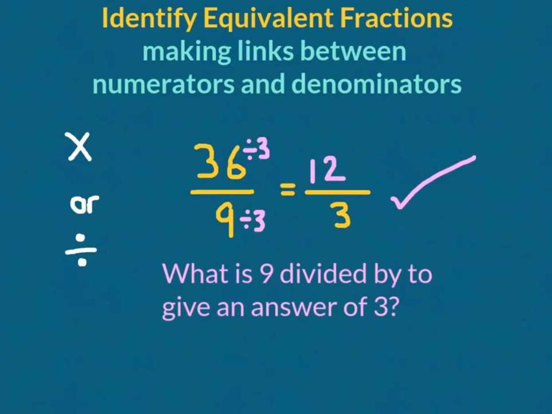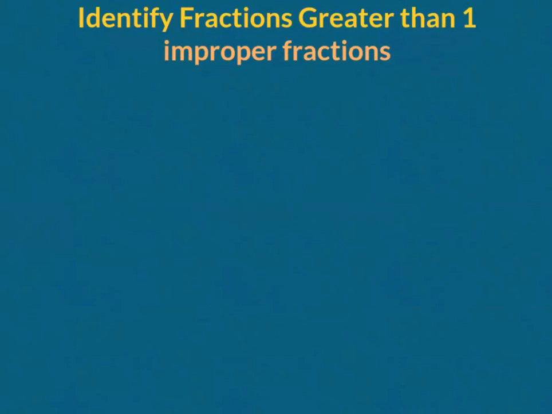Let's move on now to look at improper fractions and mixed numbers. An improper fraction is where the numerator is bigger than the denominator. Let's look at an example. Seven parts of 3.